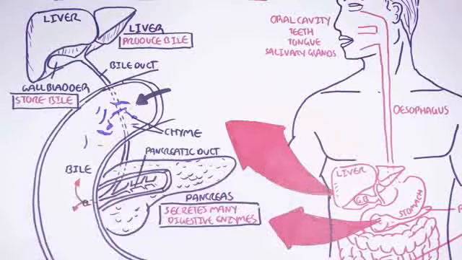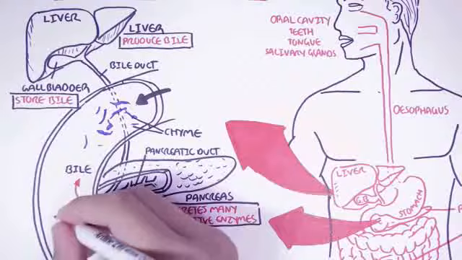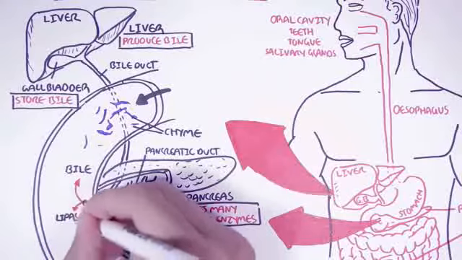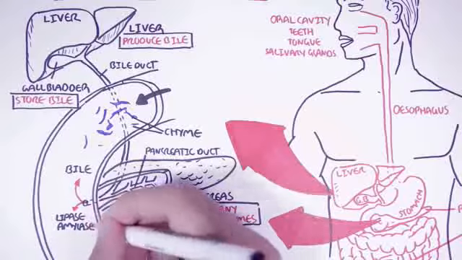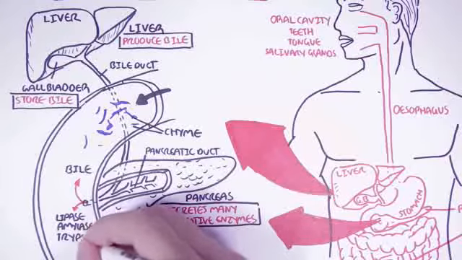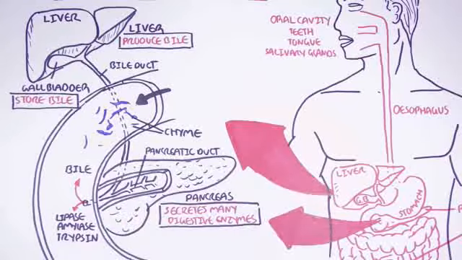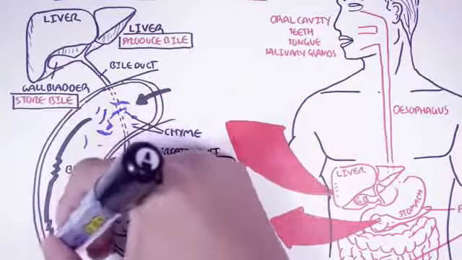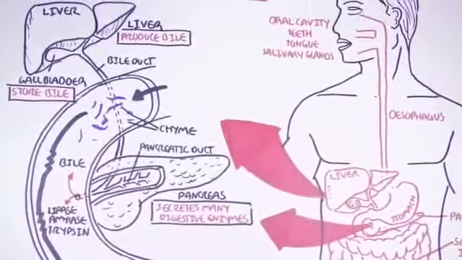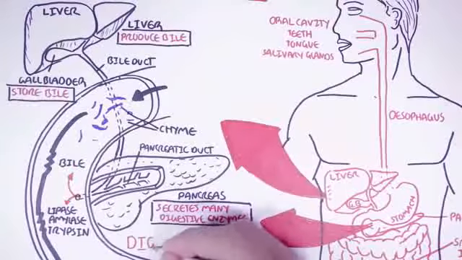The main enzymes secreted by the pancreas for digestion are lipases for lipid digestion, pancreatic amylase for carbohydrate digestion, and protease that helps in protein digestion. So the chyme will encounter all these enzymes and will be digested further.